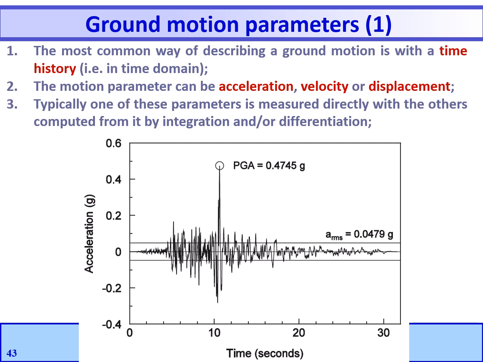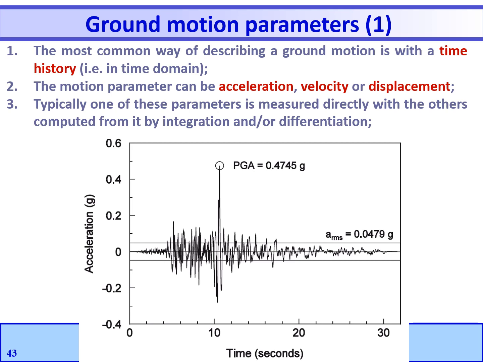That summarizes our concept that the most common way of describing a ground motion is with a time history, expressed either in the form of acceleration or velocity or displacement. Not only is earthquake ground motion complex and irregular, but no two earthquakes are the same.